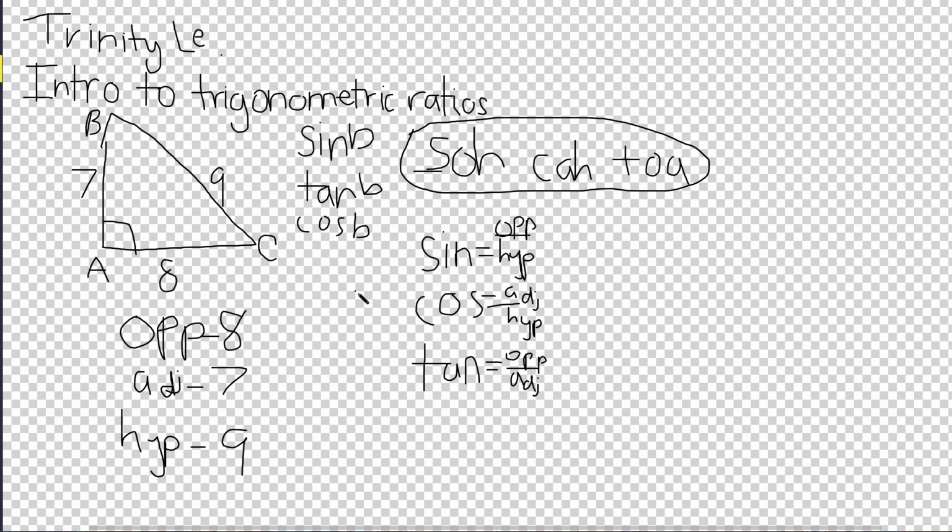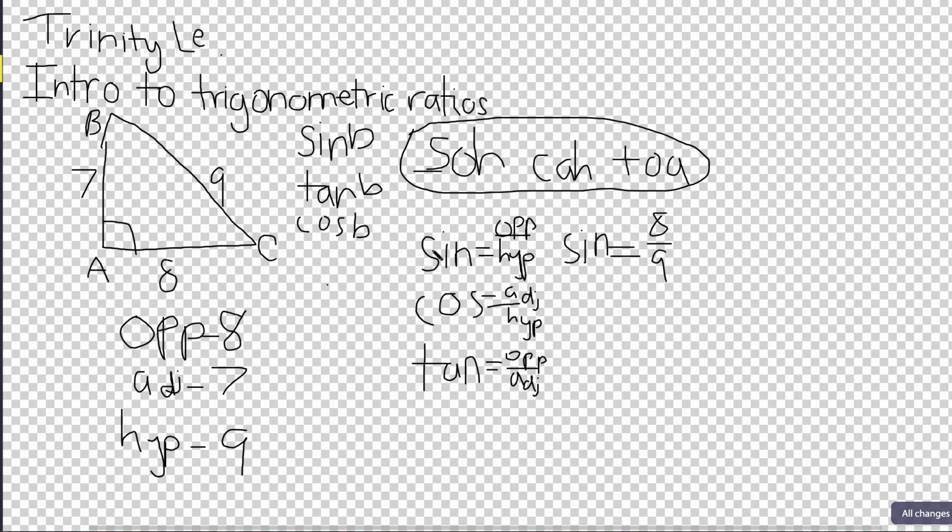So let's plug them in here. So sin would equal 8 over hypotenuse, which is 9.